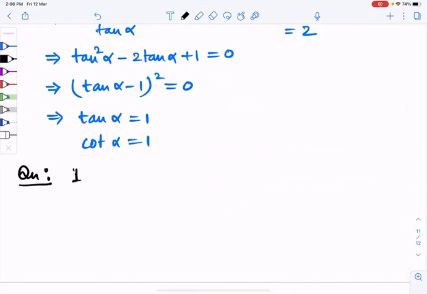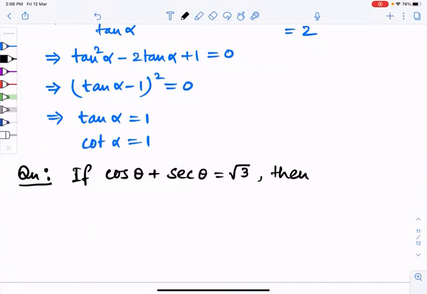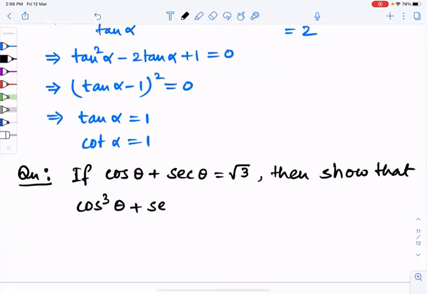If cos theta plus sec theta is equal to root 3, then show that cos cube theta plus sec cube theta equal to 0.